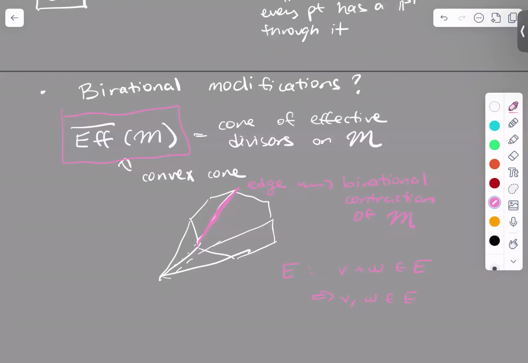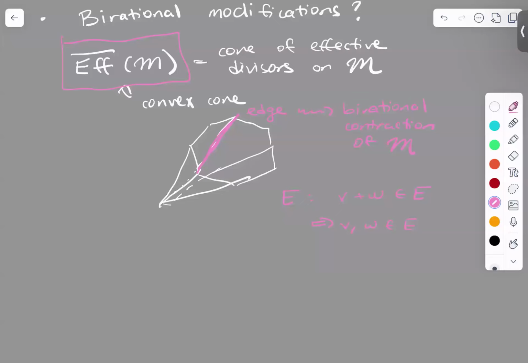Okay, so one-dimensional extremal ray. And the birational contraction that you are describing has the property that it contracts precisely that divisor? Exactly. It contracts the divisor that corresponds to that ray. Okay, thank you.